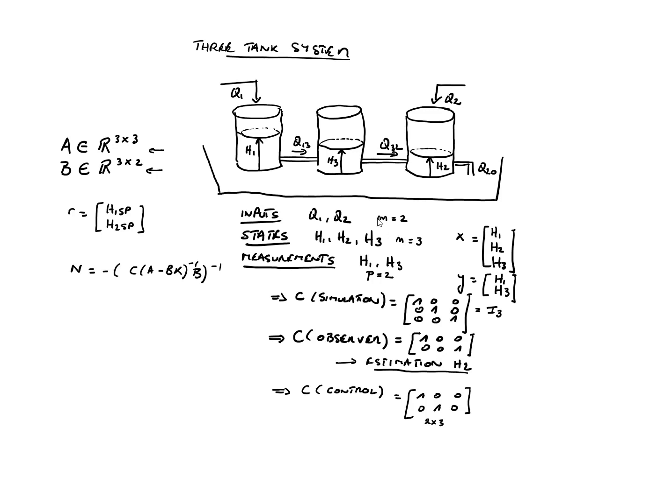So we have here a 2 by 3 matrix. This matrix here is 3 by 3, and as you can see, B is 3 by 2. So you can see here that N will be a square matrix of dimension 2 by 2.